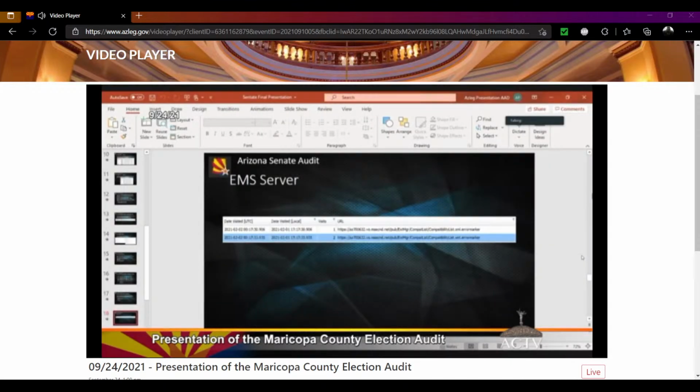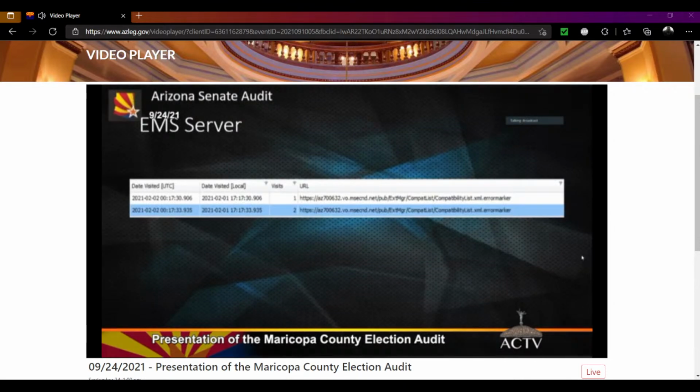Okay, so from the EMS server, you'll see that there's actually 3 visits to the same site on the same day, okay? That clearly is not a private URL or a private IP address. And so what I can tell you is that the EMS server, at least on that date, was connected to the internet, okay? Now, I'd also like to point out that relying on the unallocated space for these artifacts, I don't have a complete history of all the internet connections because things get overwritten, things get changed.